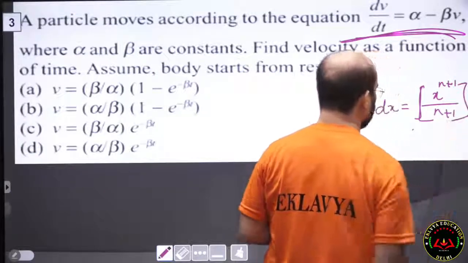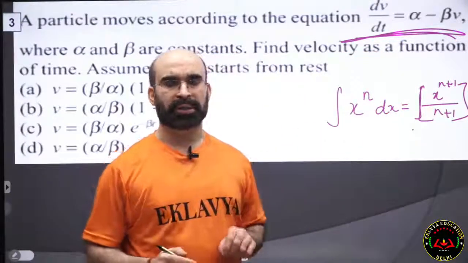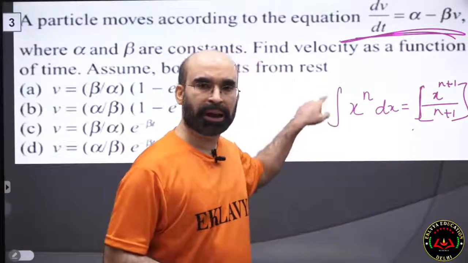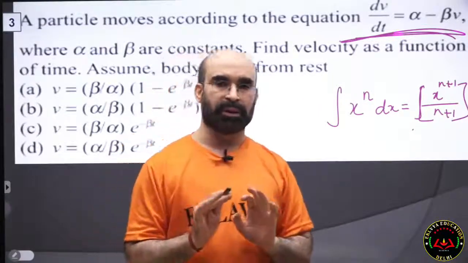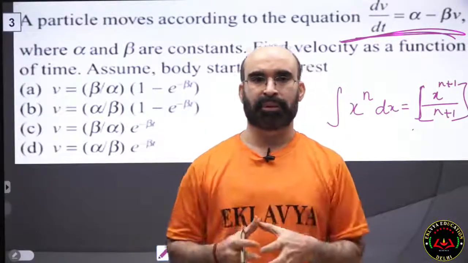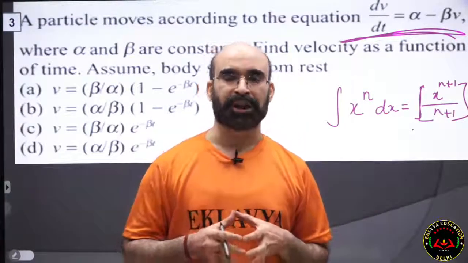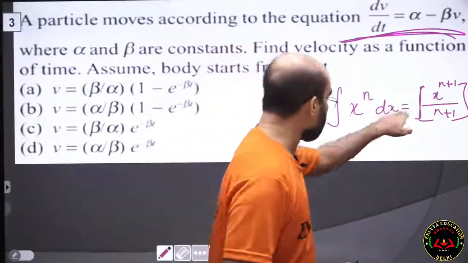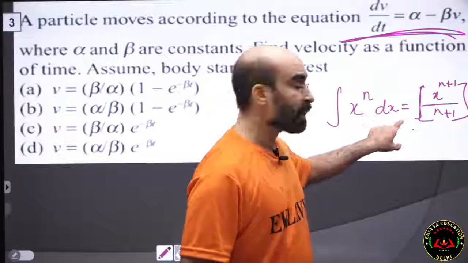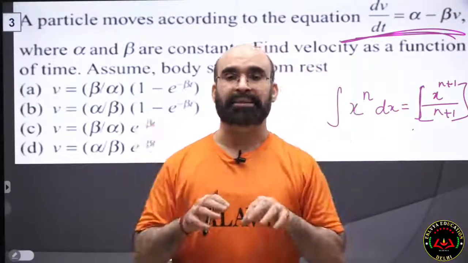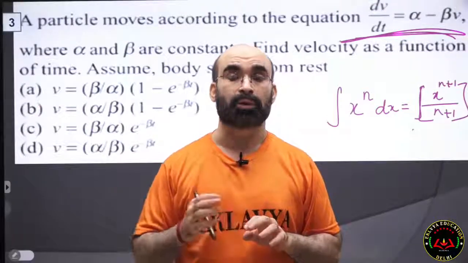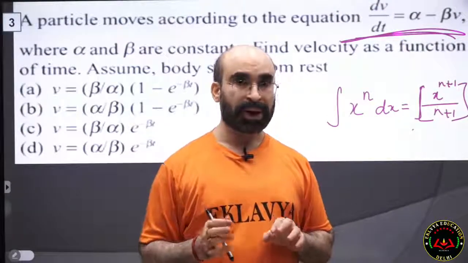And one more basic idea is this: if limits are given, then we have a definite integral. If limits are not given, like here, x can take any value, so that is called an indefinite integral, right?